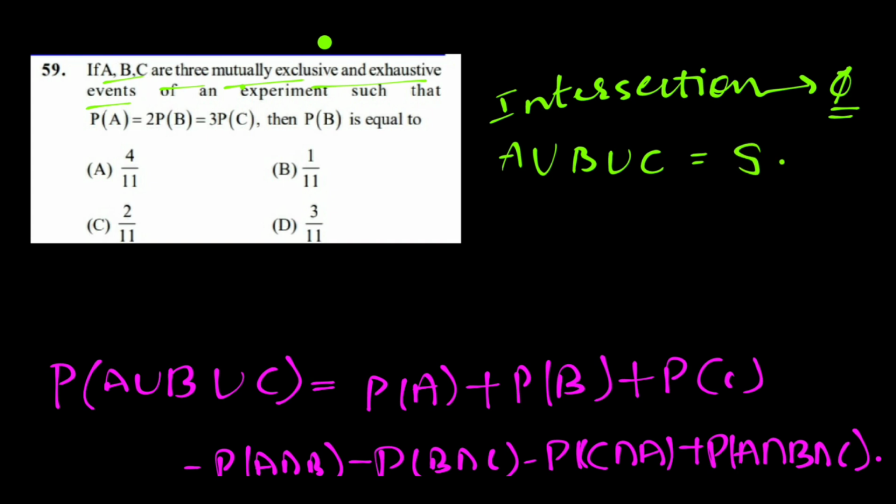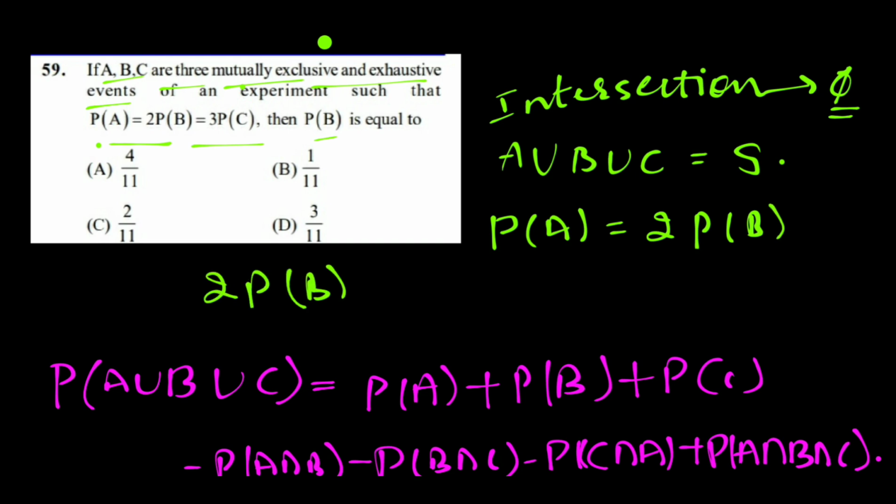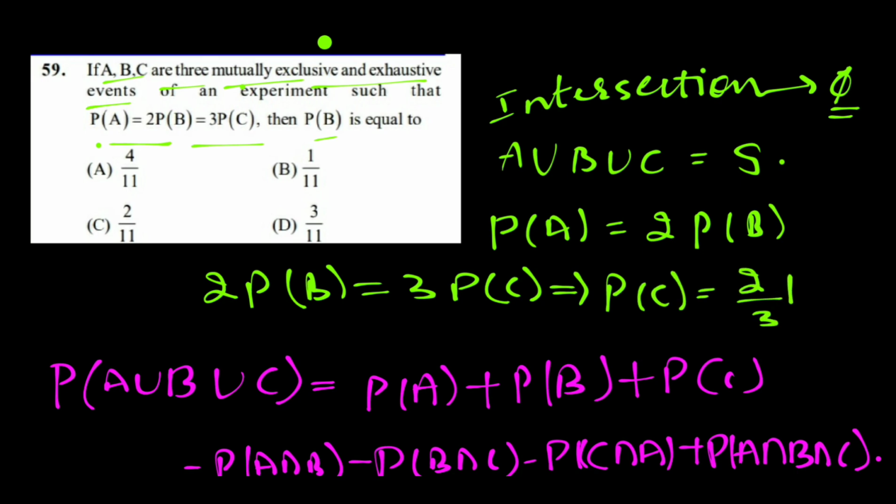Condition also they given: P of A is equal to 2 into P of B is equal to 3 into P of C. Then P of B, how much? First I'll take P of A is equal to 2 times P of B. Next, 2 into P of B is equal to 3 into P of C. This implies P of C we can write as 2 by 3 into probability of B.